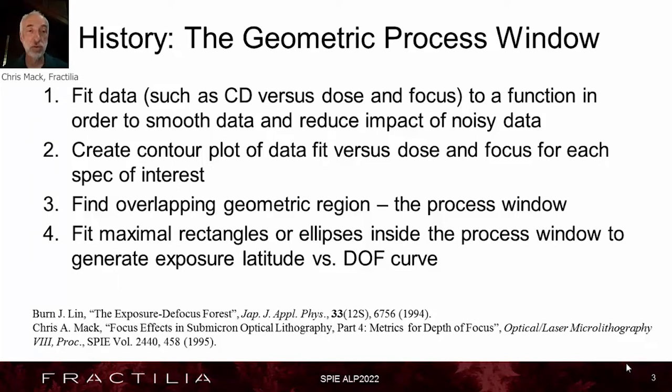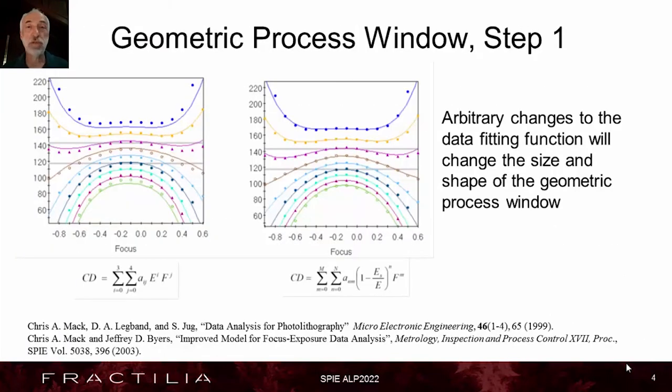This allows us to define the specific specs of interest as contours. If we have more than one spec or more than one feature, we overlap those contours and find a geometric region that meets all the specs. We call that the process window. Finally, we fit maximal rectangles or ellipses inside this process window and generate our exposure latitude versus depth of focus curve.